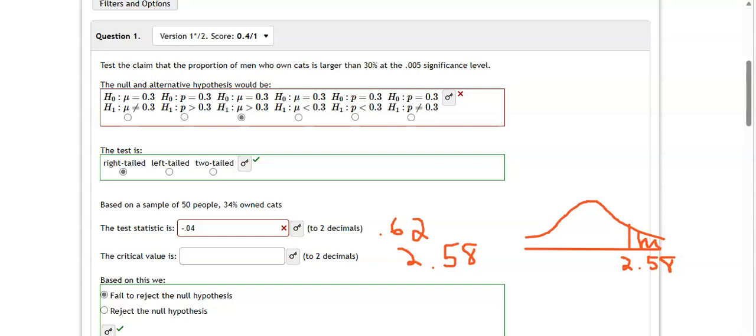It's over here. So we fail to reject the null hypothesis since it's not in the rejection region, which means that there is not enough evidence to support our alternate hypothesis that the proportion is greater than 0.3. And hopefully that will help you to get through these.